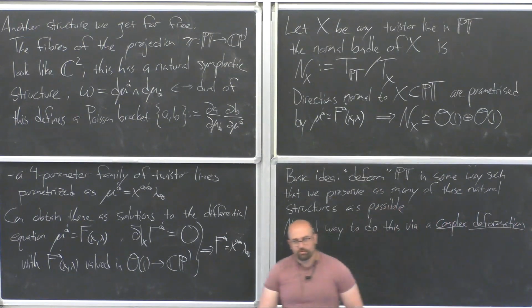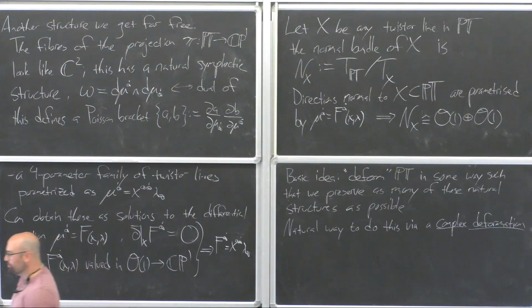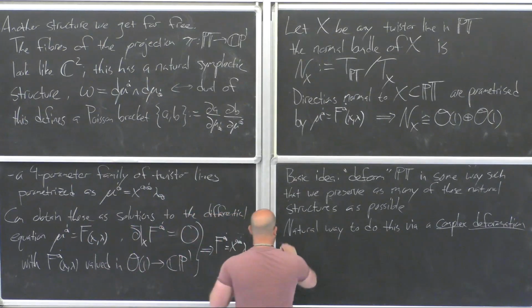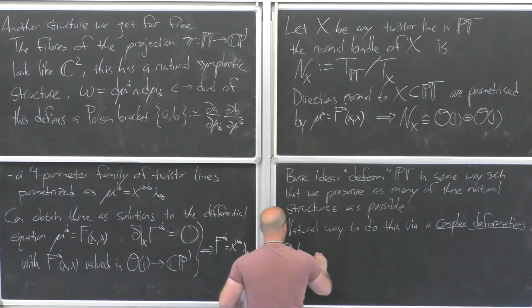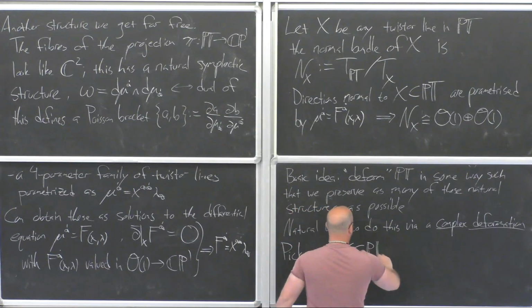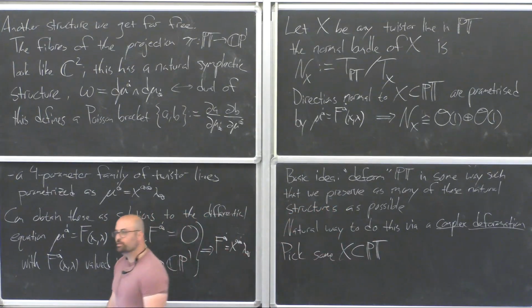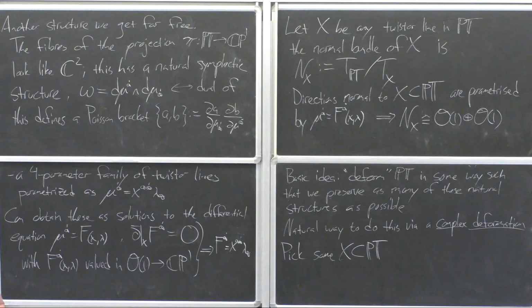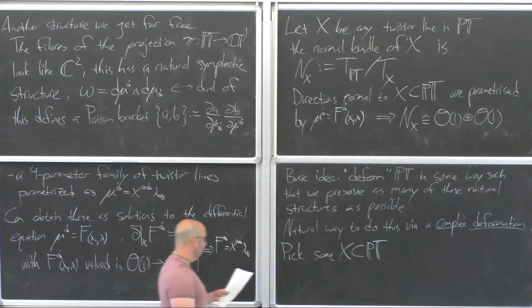Okay, so don't worry if you've never heard these words before. I'm going to explain in very concrete terms in the setting of interest what it means. So let's pick some twistor line in our twistor space and consider an open subset around it.